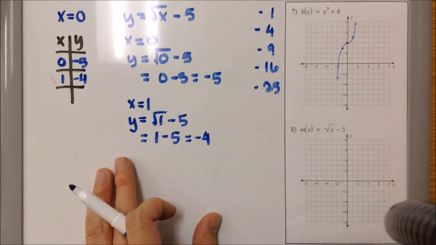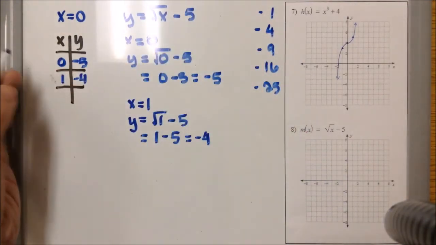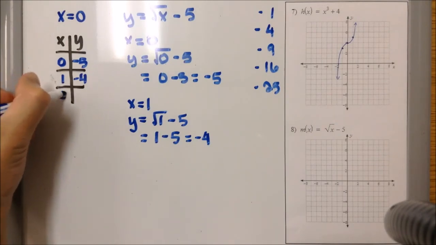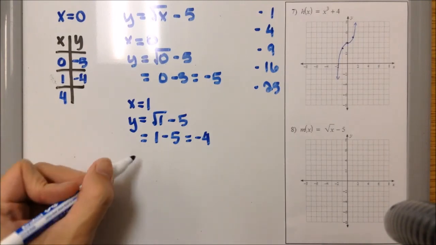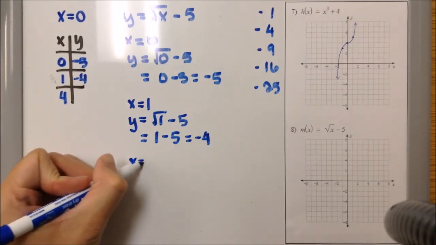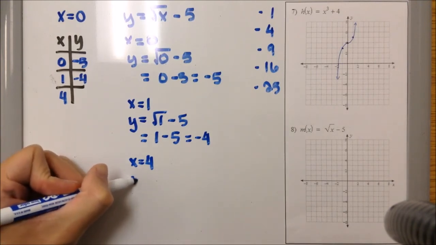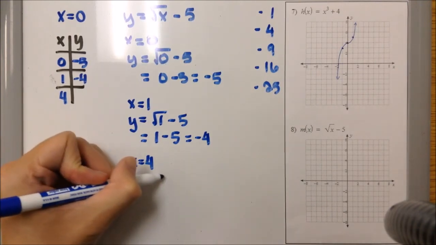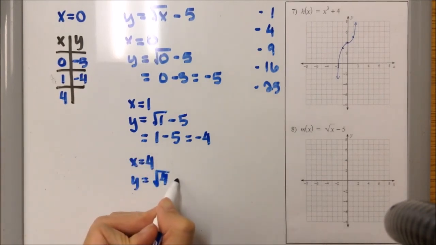Alright. Now we already did 1 as the perfect square number. Our next one will be 4. So we're going to plug 4 into x. So x equal 4. So y equal to the square root of 4 minus 5.